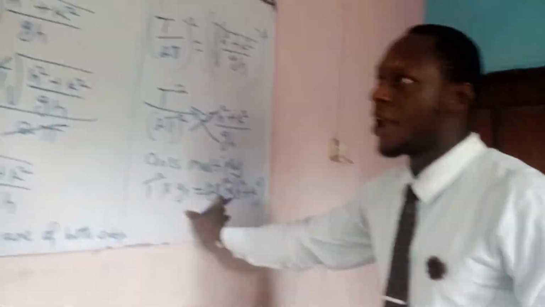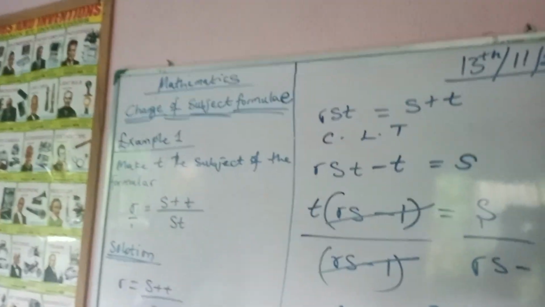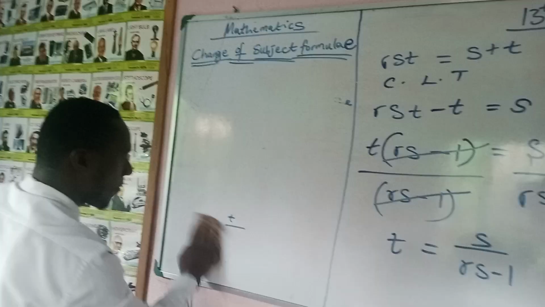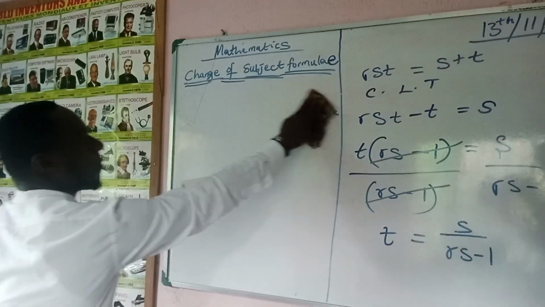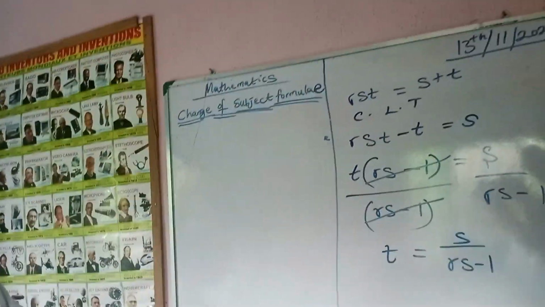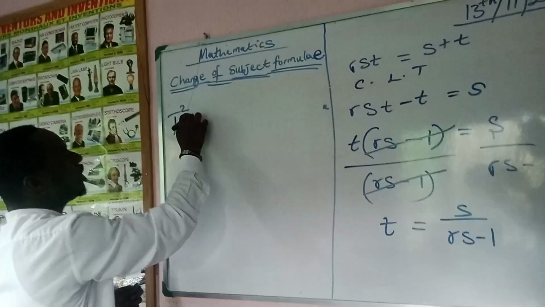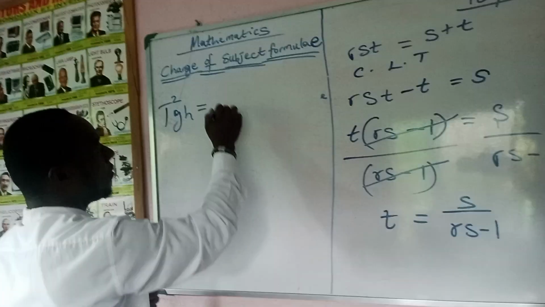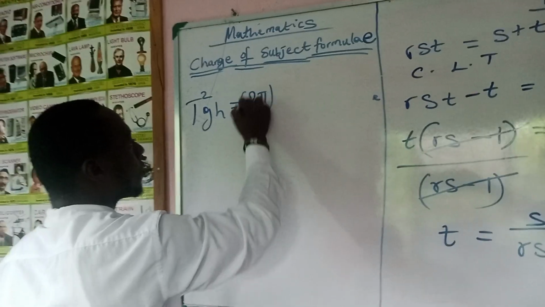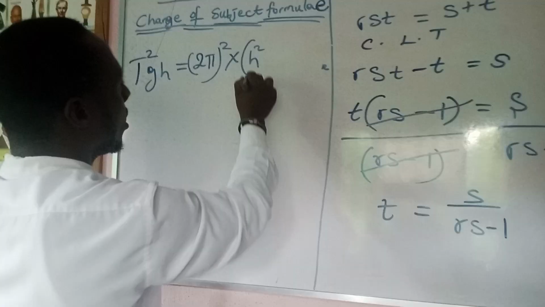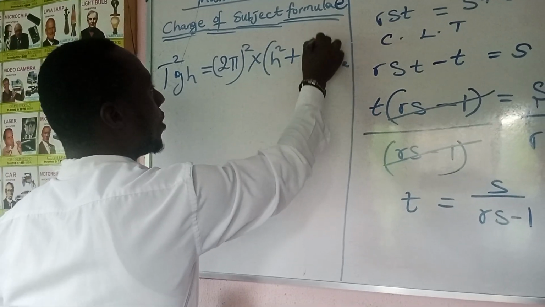Good. So from here, I'll be moving to this other side of the board. So we bring that equation. We have t squared gh equals 2 pi squared times h squared plus k squared.